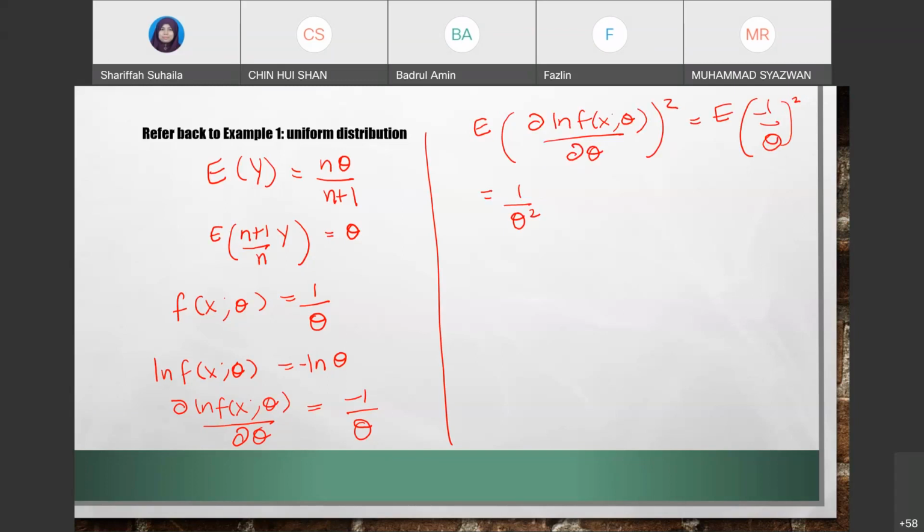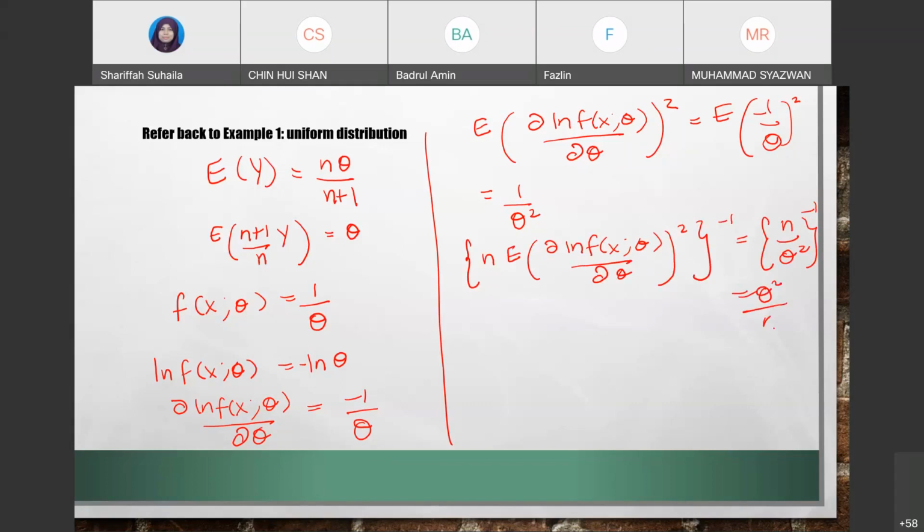Okay. So in here we will have n times the expected value of d ln f(x; theta) over d theta, all squared. So kalau kita gantikan here, n over theta square minus 1, so theta square over n.